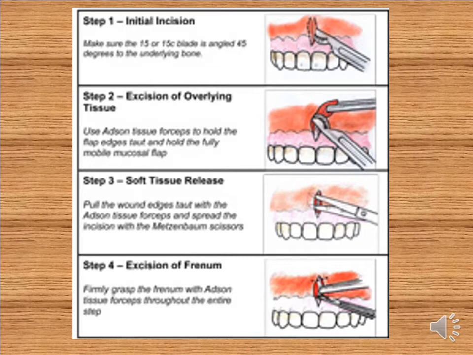Use tissue forceps to hold the flap edge and hold the flabby mucosa flap by the labial mucosa. Then soft tissue release and approximation of the wound edges, then suture, and then excision of the frenum.